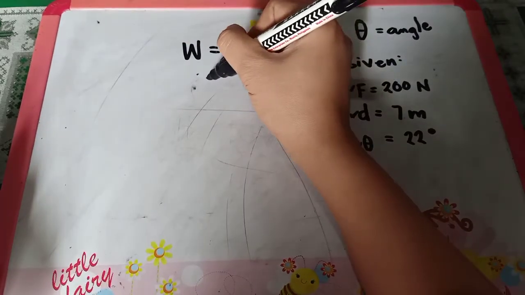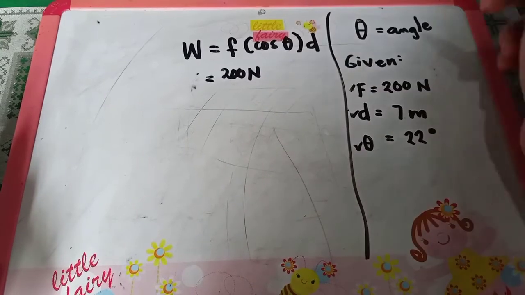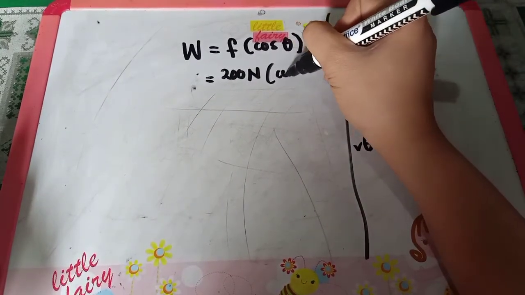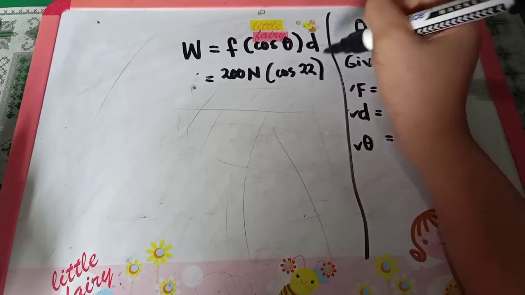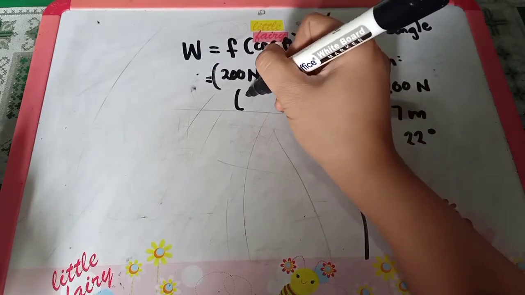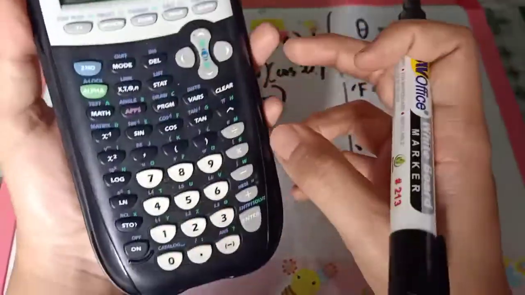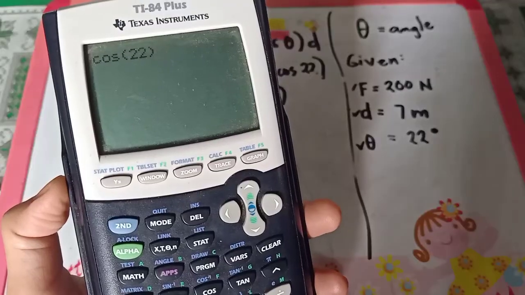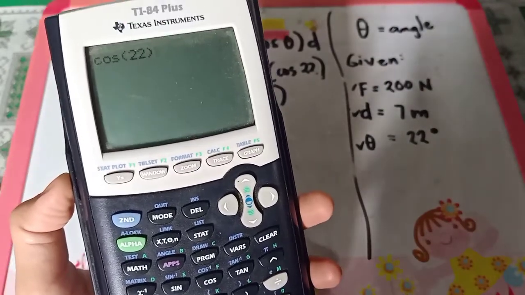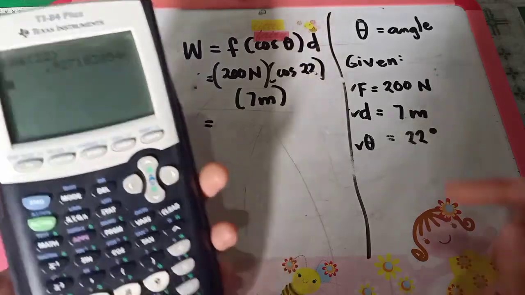Okay, so force is 200 newtons. Now we are going to look for the cosine theta. So what is the cosine of 22? And then after that we will multiply it with the displacement, which is 7 meters. Cosine of 22, the answer will be 0.927.